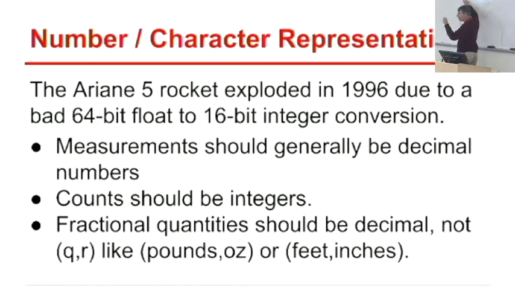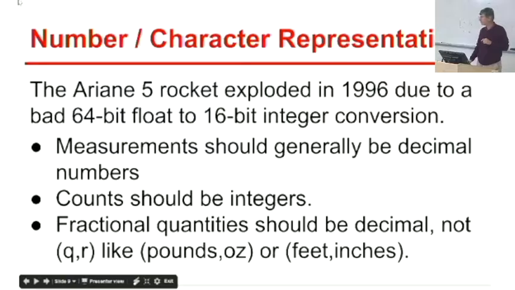Skiena is 5.38 feet, versus integers, okay? And again, trying to get consistency across a column is kind of important. There is another rocket ship that blew up once because of a problem in converting floating point numbers to real numbers, okay? Any questions about that?